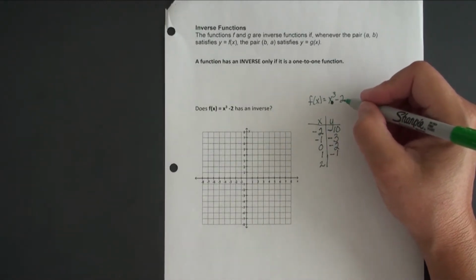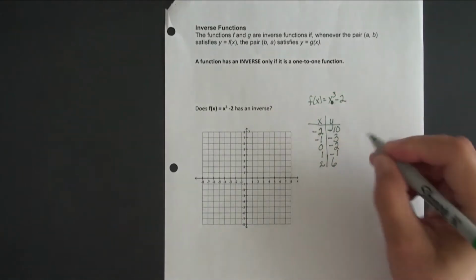And 2 to the third minus 2 is 8 minus 2, which is 6.